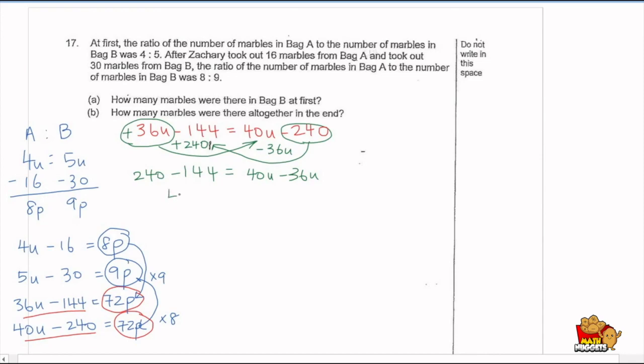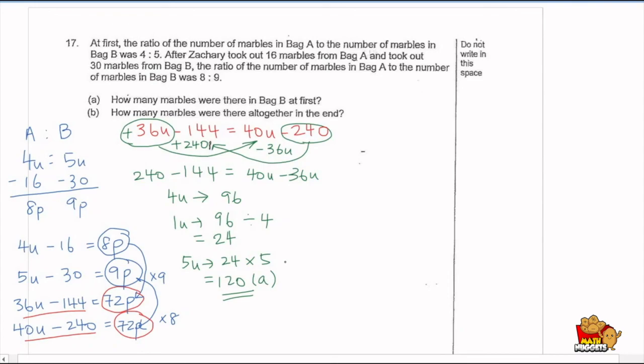So from here, 4 units is equal to 96. 1 unit would be 96 divided by 4, which is 24. So part A is asking for the number of marbles in B at first. B at first has 5 units. So 24 times 5 is 120 marbles in B at first.